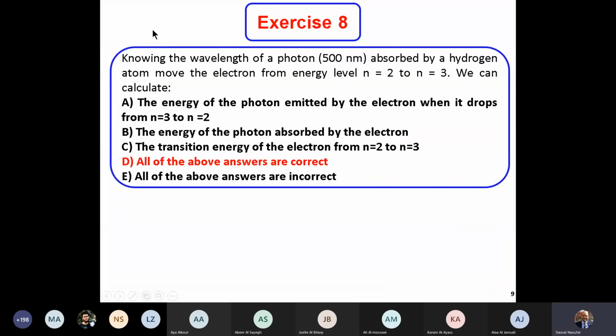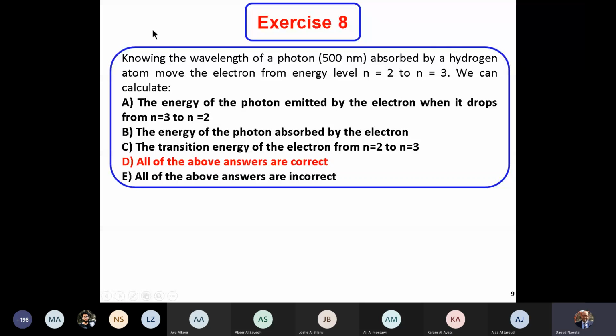Exercise 8. Knowing the wavelength of a photon, lambda 500 nanometer, absorbed by hydrogen, moves the electron from energy level 2 to 3. That means the electron is found initially at n equal 2.